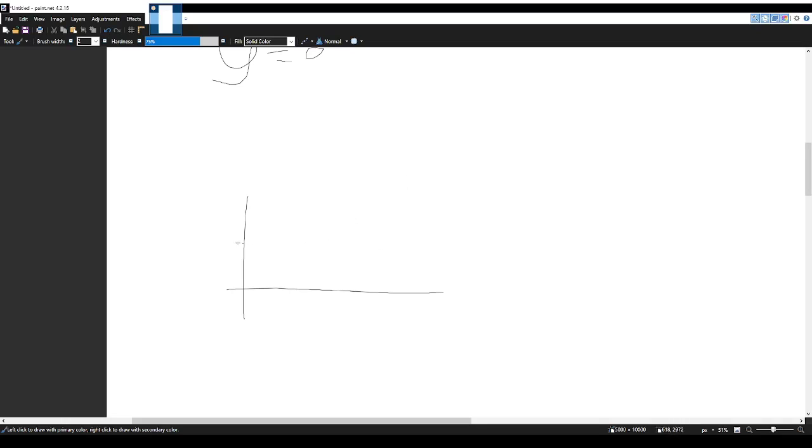Let's say you had a line at y equals 1, and you had this parabola type shape, and you want to see this area rotated around this line.